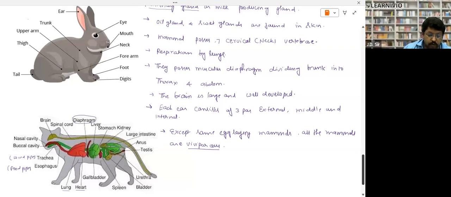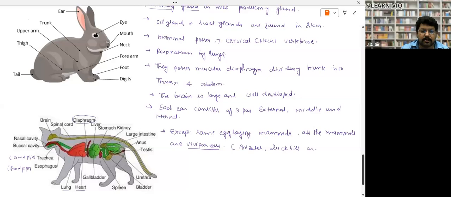Who are the egg-laying mammals? Anyone of you? Australian anteater, duckbill. These both animals are found in Australia, right?